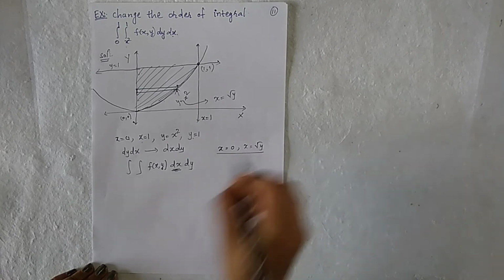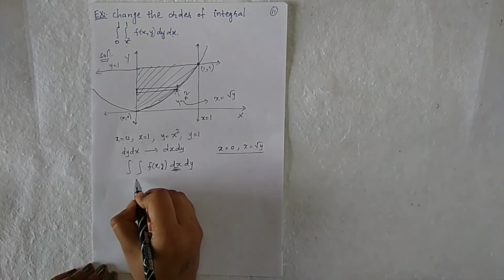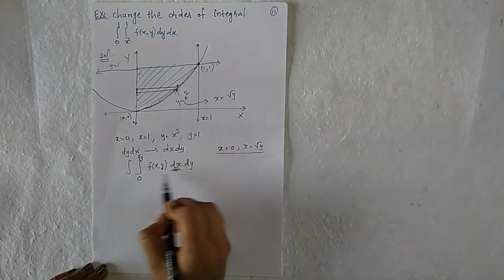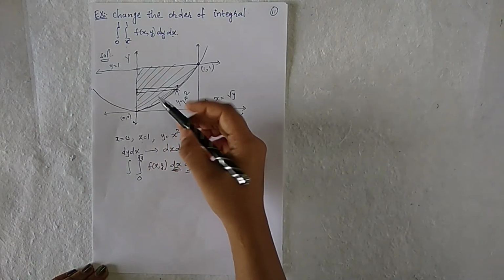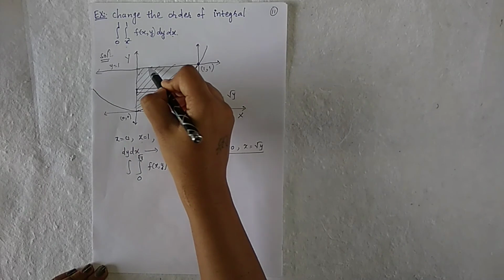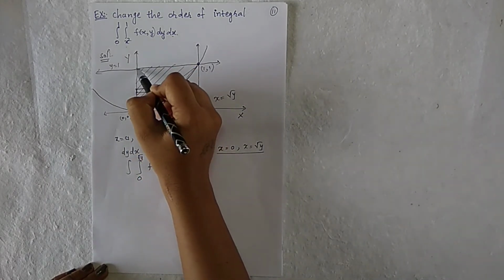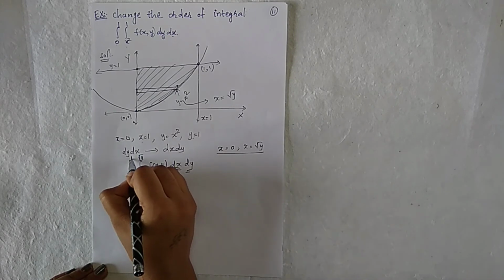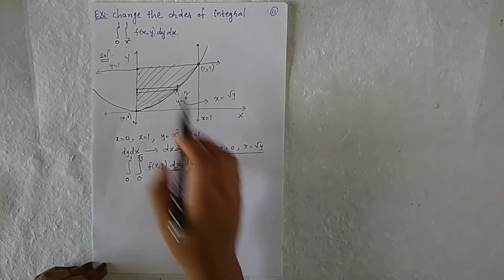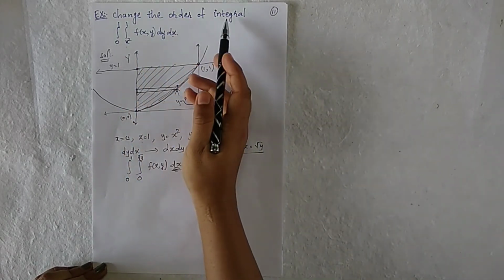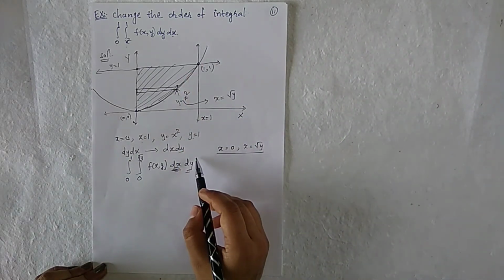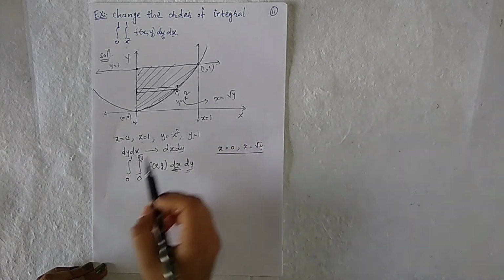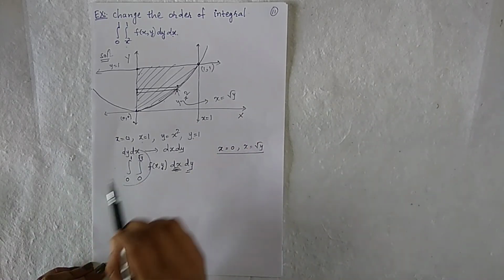This is the limit for dx. So 0 to square root of y, and y is in between this to this, so 0 to 1. So the limit of y is 0 to 1. So this is all about changing the order of integral, and this is the change from dy dx to dx dy. We have to take care of this limit.